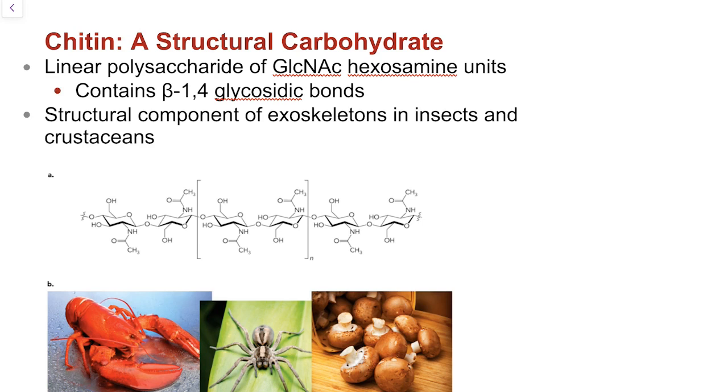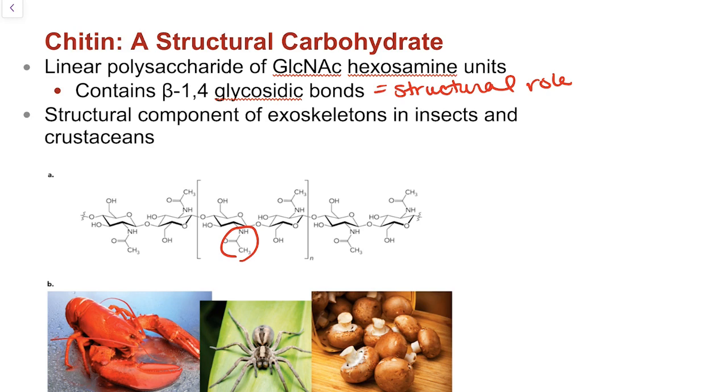These are going to be the N-acetylgalactosamine that we have, with that N-acetyl group that's linking and kind of decorates each side. So in this case, these beta-1,4 glycosidic bonds, again, are playing a structural role. If you see beta-1,4, they're very rigid. In this case, they are being used as the exoskeleton for insects and crustaceans.